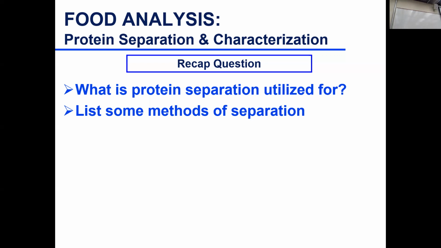Okay. What are some of the methods we talked about for separation? Salting out is one. Great. Hydrophobic interaction chromatography. Using solvent to precipitate our protein.